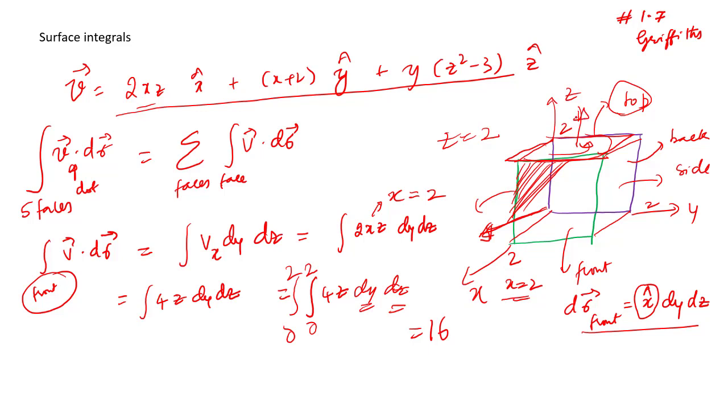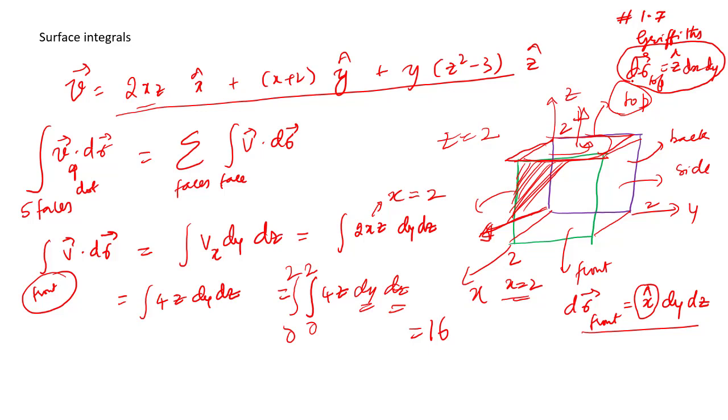So we are going around xy, so our areal element is going to point along z. So the areal vector d sigma for the top face would be along z, and z is fixed at 2, so we have only dx and dy, right? So this would be the areal element for the top.